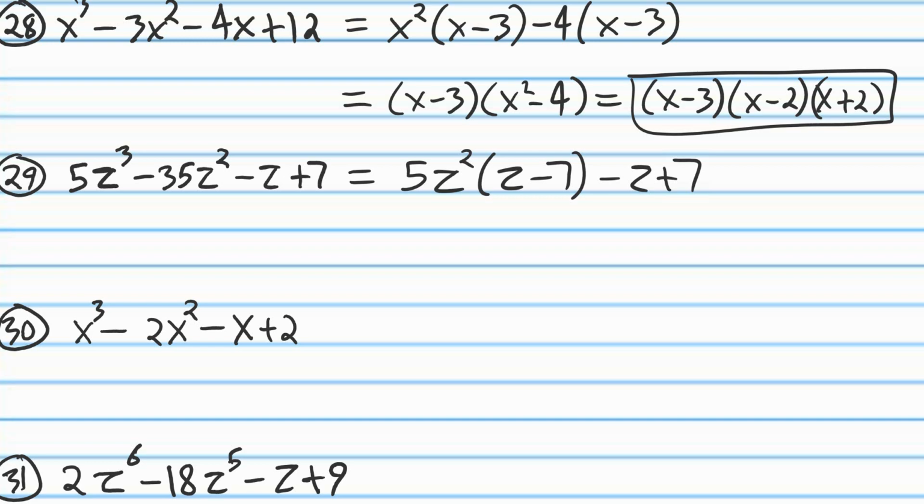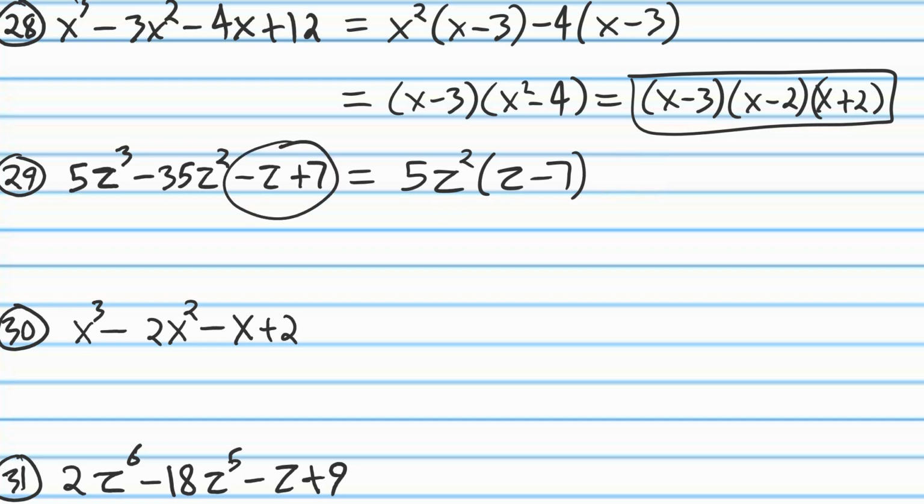Let's see, we could factor out a positive 1 like we did in the previous problems. But again, you can see we don't have a common factor. Negative z plus 7 is not the same thing as z minus 7. So we're going to have to try a trick here.